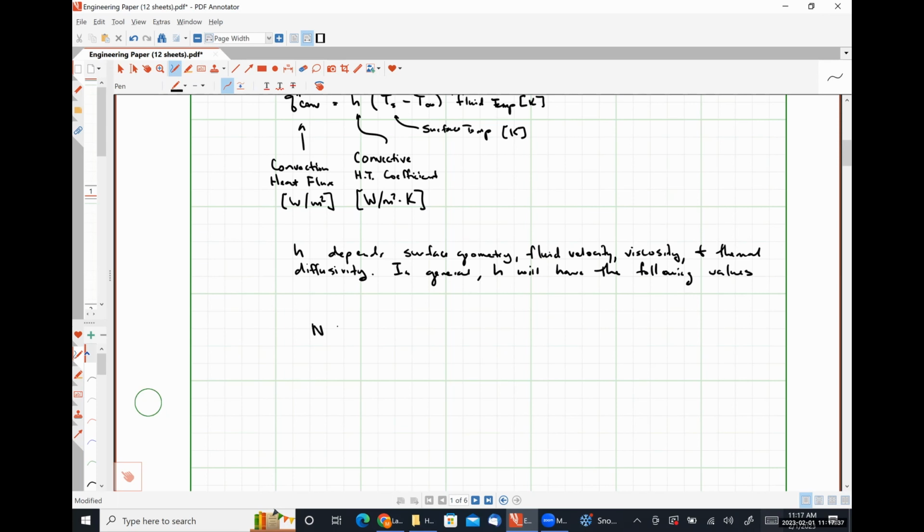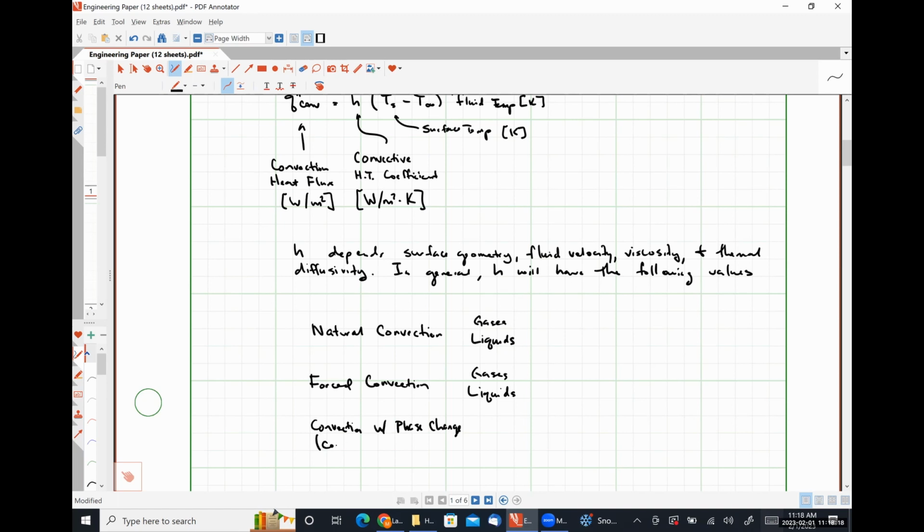So let's talk natural convection first, up here. We'll put gases, down here. We'll do liquids. Then down here, we'll have forced convection, also with gases and liquids. And then down here at the bottom, we'll have convection with a phase change.